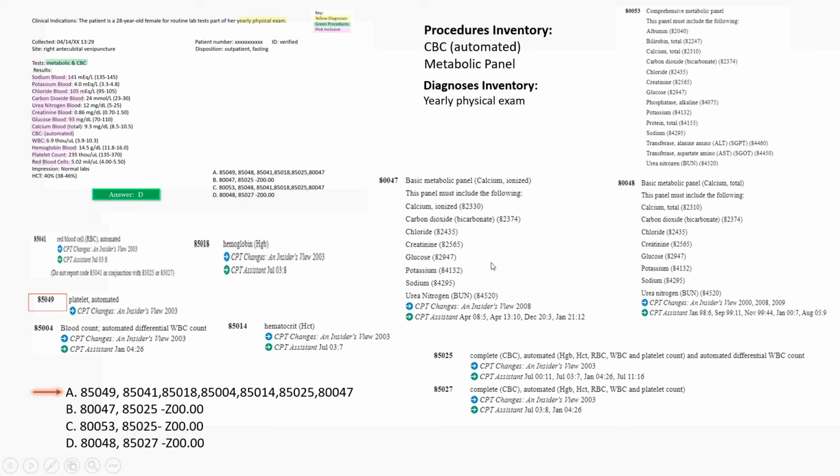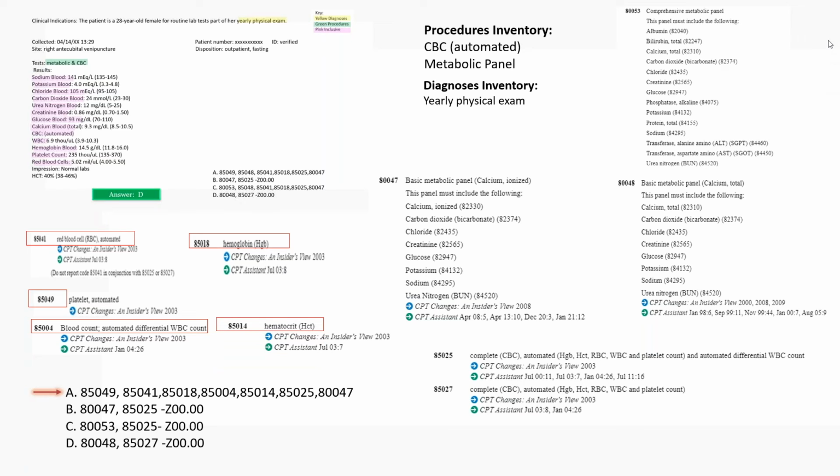It is coding for 85049, that will be platelet automated; 85041, which would be RBC; 85018, that will be hemoglobin; 85014, that will be hematocrit; and 85004, that will be WBC count, along with 85025, that will be coding for a CBC.